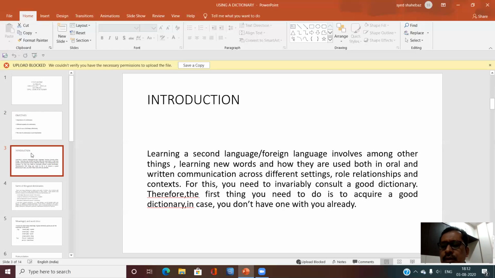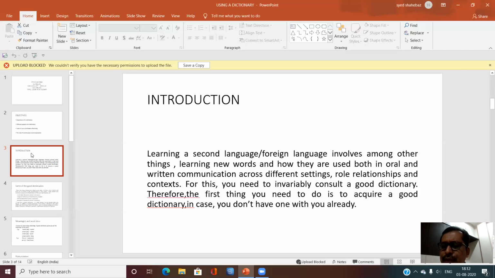How these words are used across different settings, different formal settings and informal settings, like at colleges, at the workplace, at the library, different social settings.